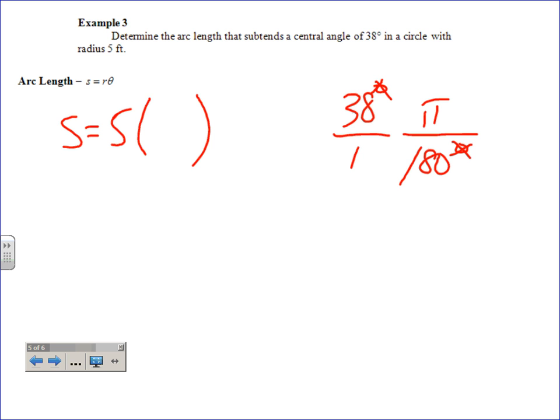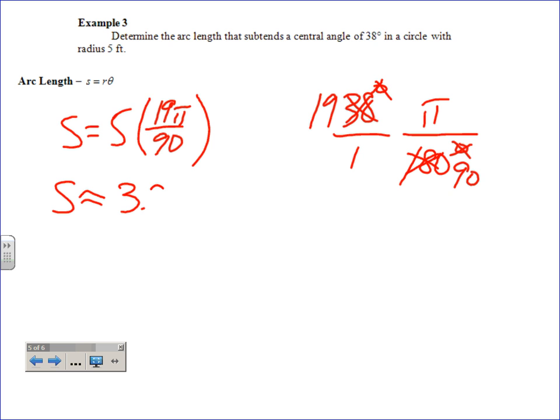Again, there's nothing wrong with writing 38 pi over 180 in that blank because you're just using it to calculate it anyway. I think a 2 comes out of them, is that correct? So 19 and 90, so 19 pi over 90, and you multiply that out. And what do we get? So 3.316 feet.